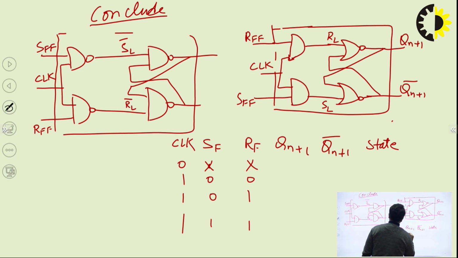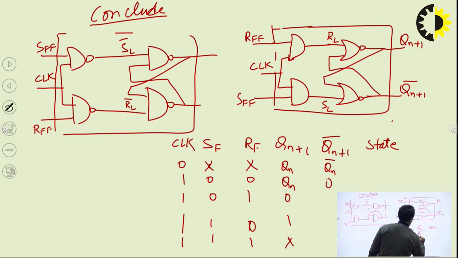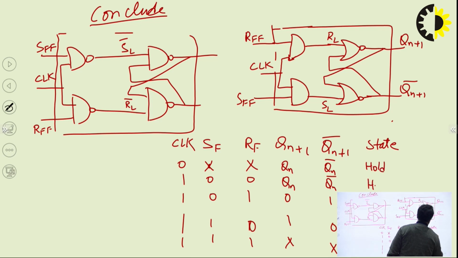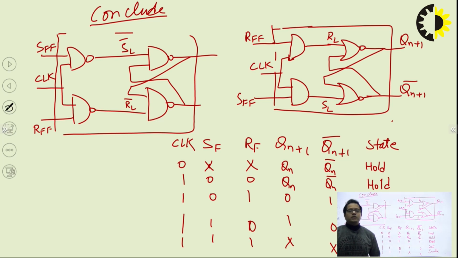Based upon this it is Qn, this is also Qn, this is your reset, so it will be 0 1, 1 0, and finally for 1 1 it will be 1 1, an invalid state. So it is Qn complement, Qn complement, this will be 1, this will be 0. This is your hold state, this is your reset state, set, and invalid. So that is the conclusion for the SR flip-flop using NAND as well as the NOR gate.